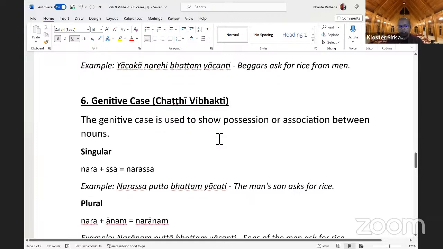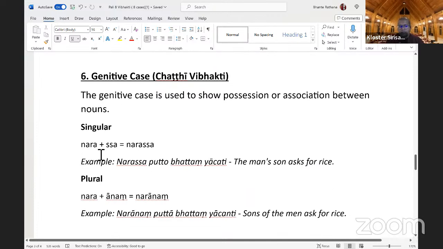And singular: nara plus ssa, narassa. An example: narassa putto bhattaṃ yācati. The man's son asks for rice.